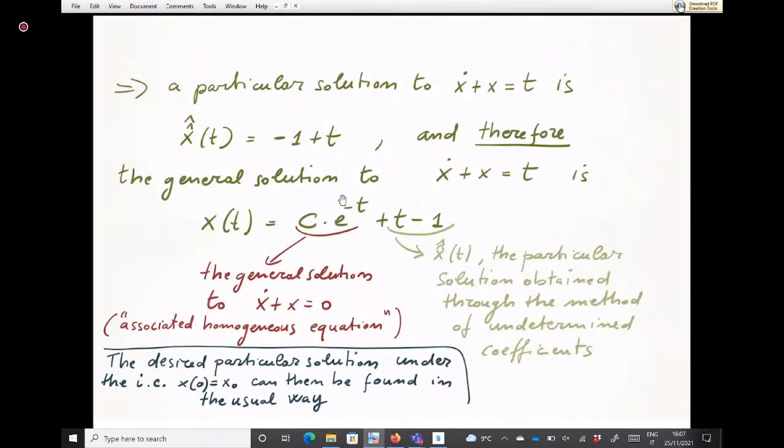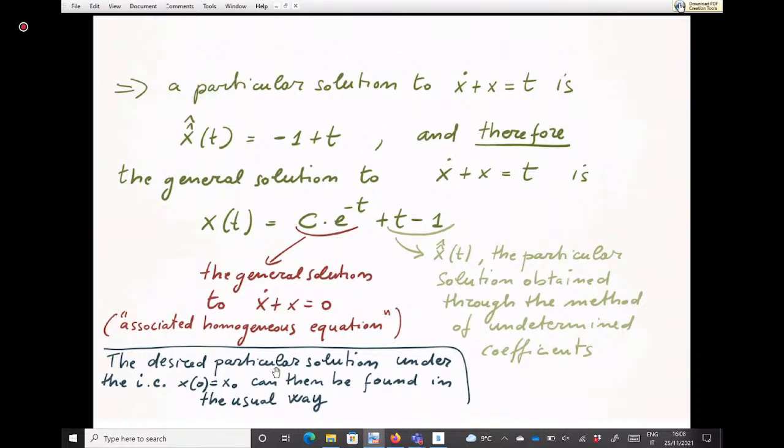This is the general solution to x dot plus x equal to 0, that is, to the associated homogeneous equation, plus our particular solution obtained through the method of undetermined coefficients. Take the sum of the two, and this is the general solution to our model.